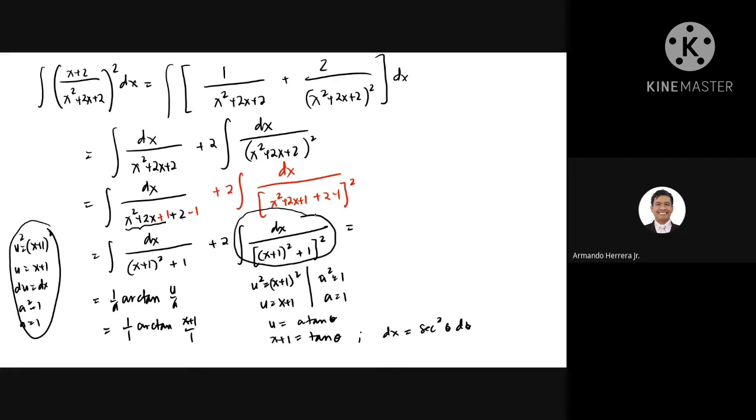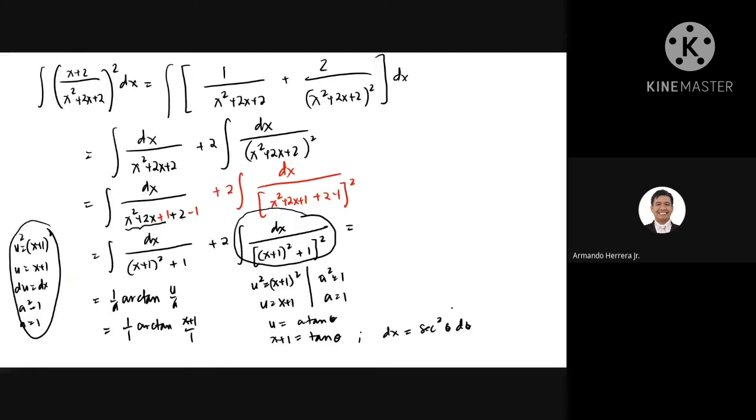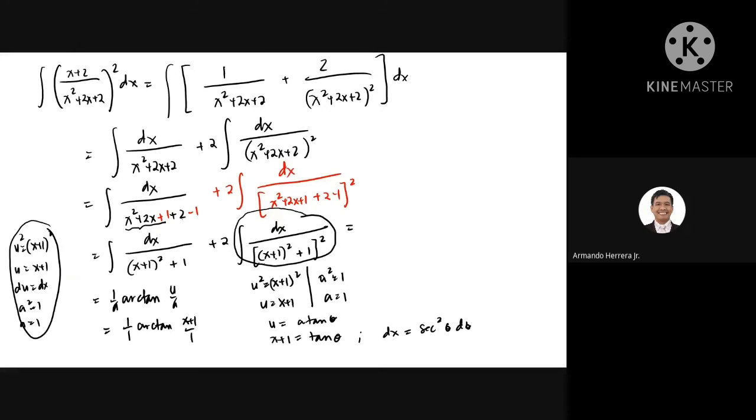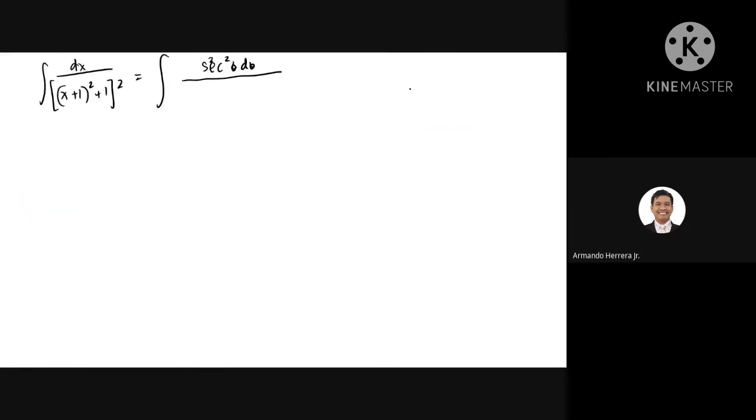So let's go to the next slide first. That's the integral of dx over x plus 1 squared plus 1 squared. So this is integral of dx, that's secant squared theta d theta, all over x plus 1 raised to the second power, which is tangent squared plus 1. So I will have here at the bottom tangent squared theta plus 1 raised to the second power.